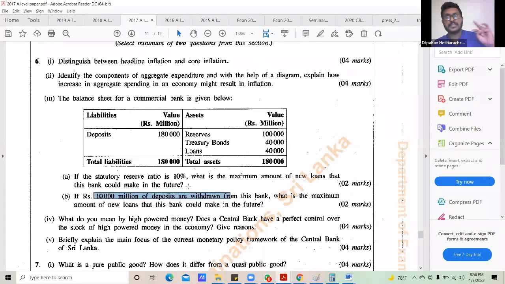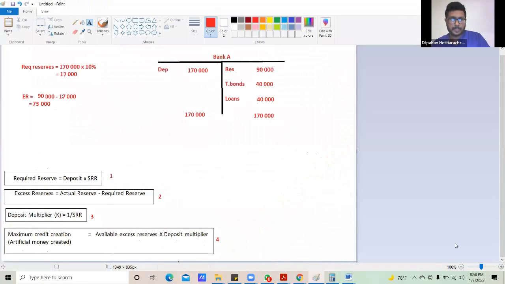We have to use two equations all the time. First one, what is the first one? Required reserve equation. What is the required reserve equation? Deposits into SRR. And we have another equation, that is the excess reserve equation, that is actual reserve minus required reserves. Okay, I hope you are clear.